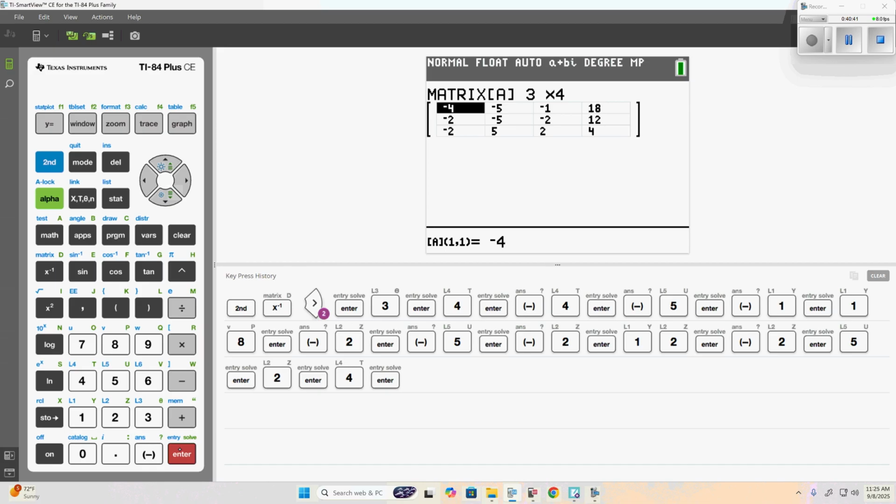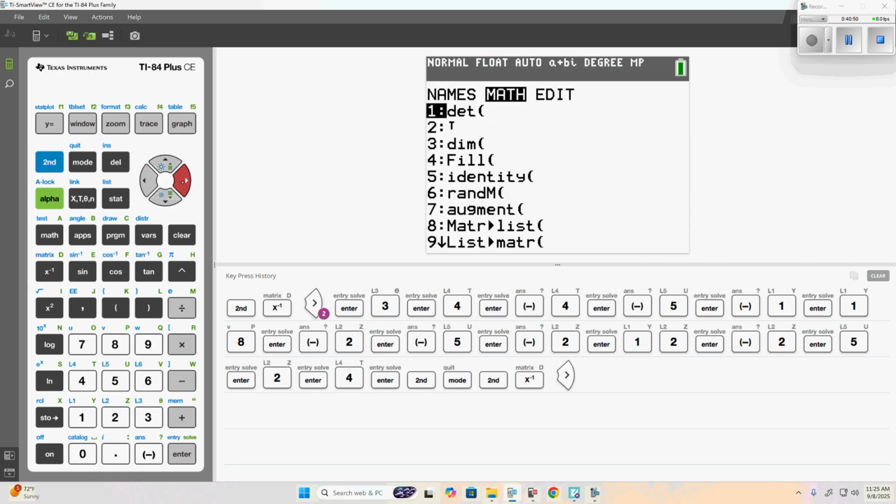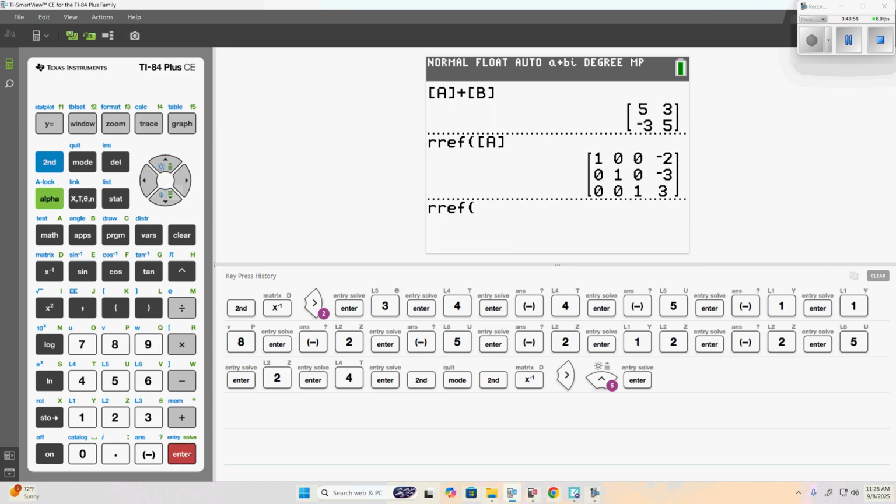Once we get it all typed in, we're going to go second quit. Now we need to get RREF, and to get it, we're going to go second matrix, over 1 to math, up or down to find RREF. Once we do, we'll hit enter. Now we still need to recall the matrix.